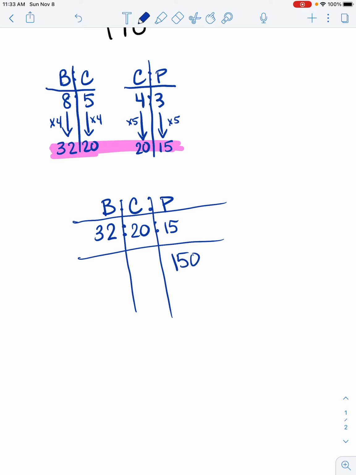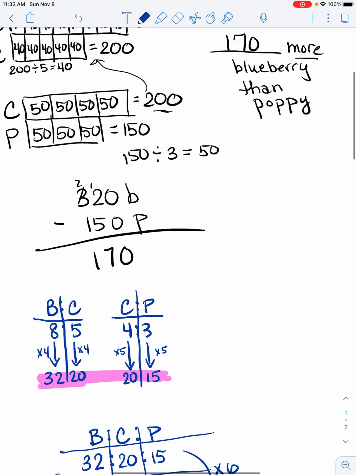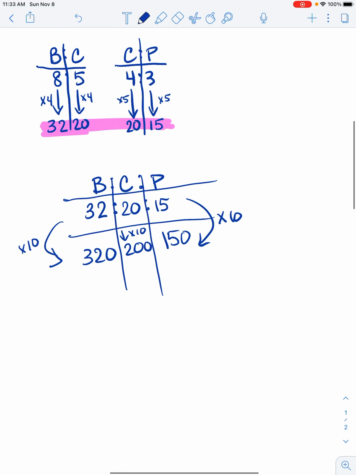150 poppy, oh, this is easy multiplication, times 10, which would give me 320, and times 10, which would give me 200. And you can see that the numbers are the same as with the tape diagram.